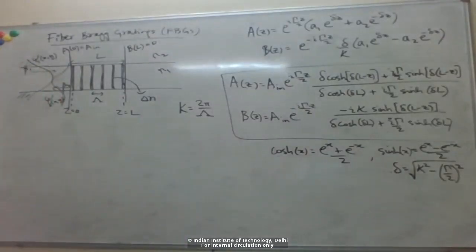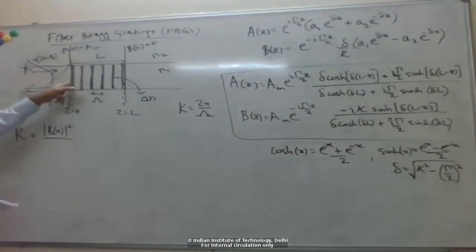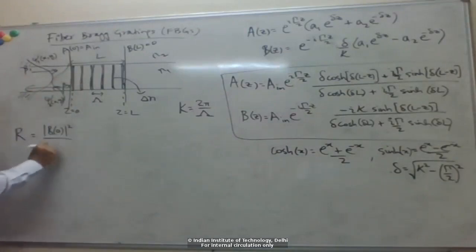One thing we are interested in is how much of the incident power is back reflected. So we define a reflection coefficient as the power in the backward propagating wave at z equal to 0, the reflected back power from the grating, divided by the incident input power.